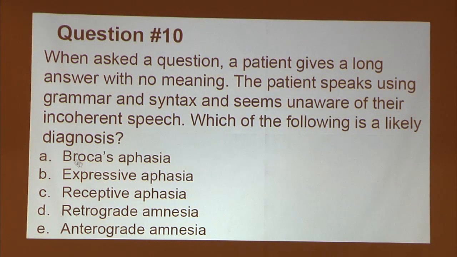So Broca's aphasia and expressive aphasia are actually the same thing, and receptive aphasia and Wernicke's aphasia are different names for the same thing. If the patient can use grammar and syntax and just doesn't give answers with meaning, that's not a problem with the mechanics of language, it's a problem with the understanding. So that's a receptive aphasia. That's Wernicke's aphasia. So question 10 is C.